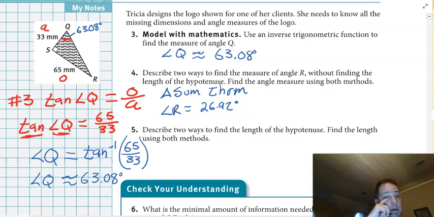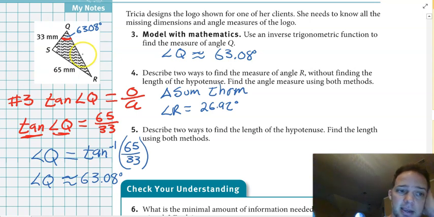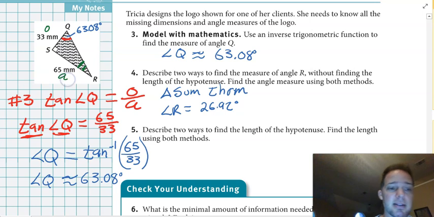All right. Another way I could do this would be if I was to set this up the same way I solved for angle Q, and from angle R, use the opposite and adjacent legs to set up a tangent ratio and solve. So notice here, from angle R, this is the opposite piece, 33, and 65 is the adjacent leg.